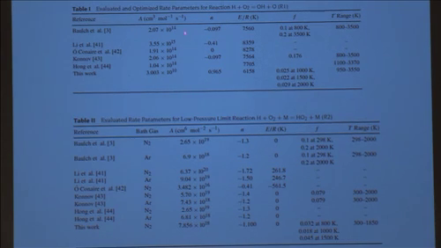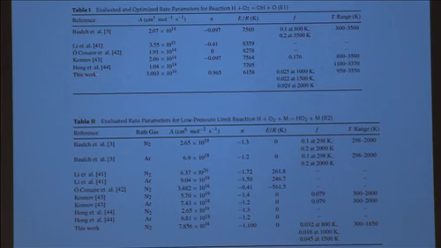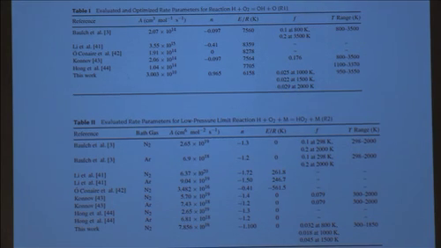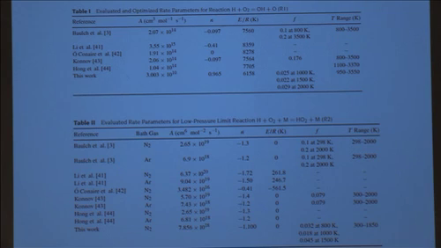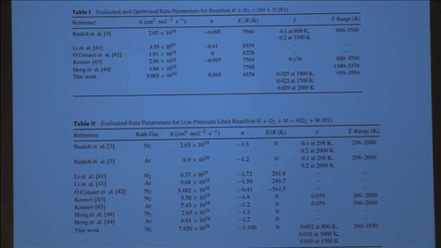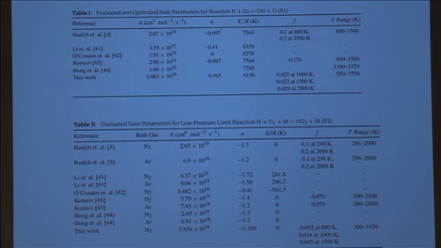And as I said, the agreement between the Balch values and this work here, the parameters look very different, but the agreement between the values is really quite close. So the central values aren't changing, but the uncertainties are better determined and are smaller.